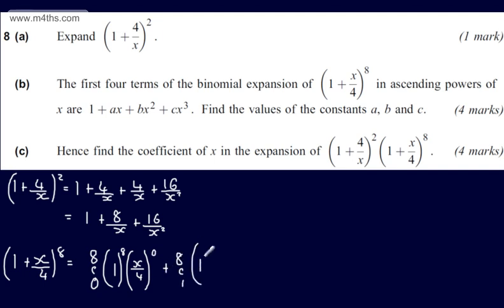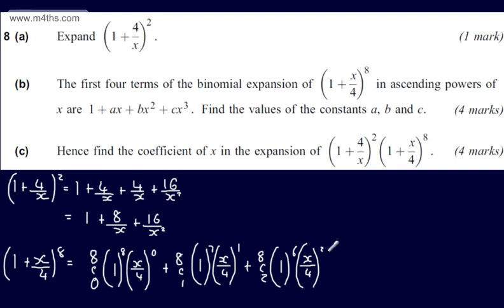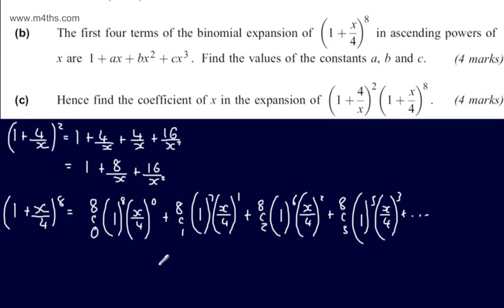We will have 1 to the power of 7, then we'll have x over 4 to the power of 1. Plus 8c2, we'll have 1 to the power of 6 multiplied by x over 4 to the power of 2, plus 8c3, we'll have 1 to the power of 5 multiplied by x over 4 to the power of 3, plus ... and so on and so forth.